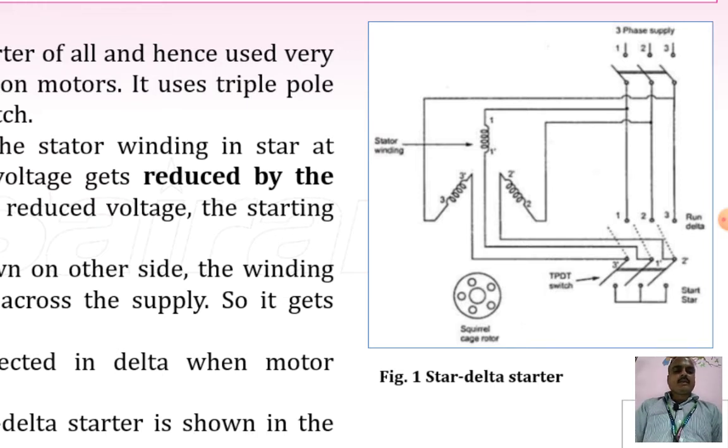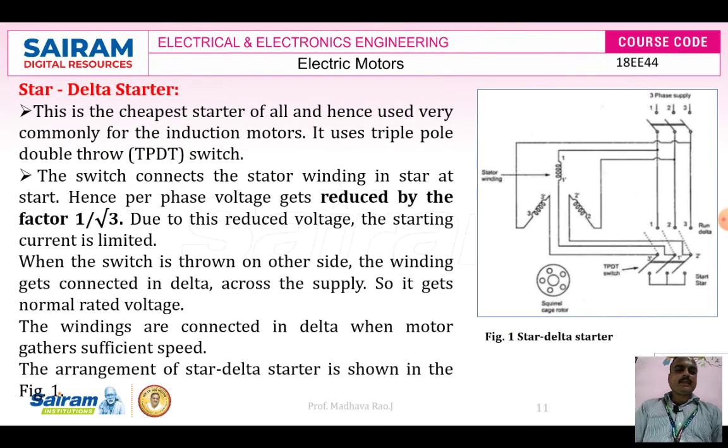Full line voltage, equal to phase voltage in delta connection, so the entire voltage is connected to the stator terminals. By this method, we are protecting the induction motor.